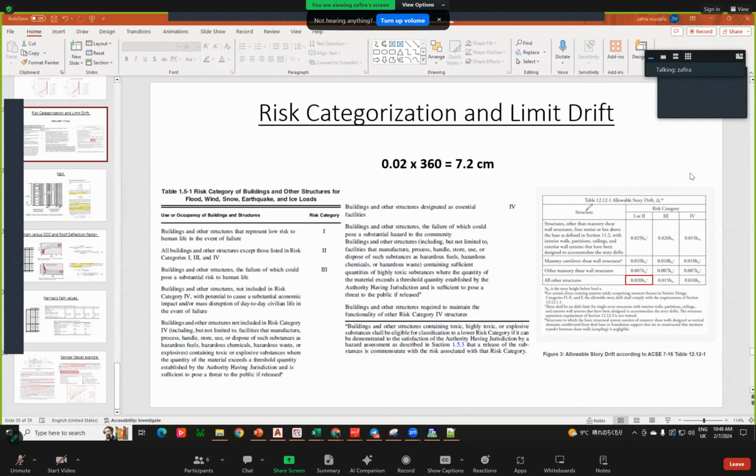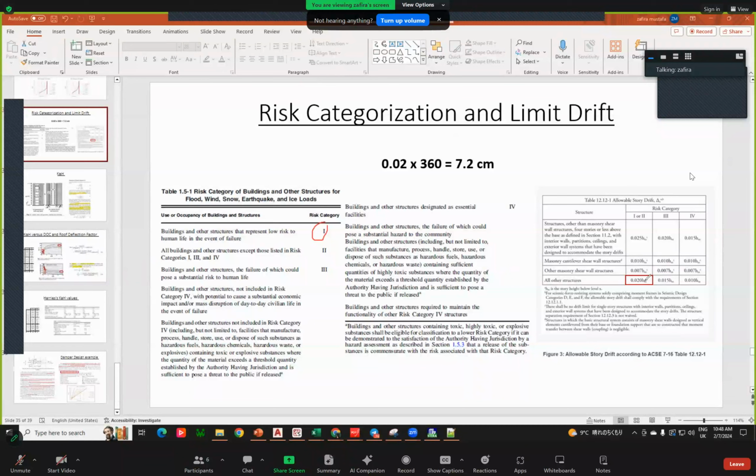From ASCE, there is a story drift limit, allowable story drift. Our structure is in category 1. For other structures, we can use 0.02 times the story height of the building.